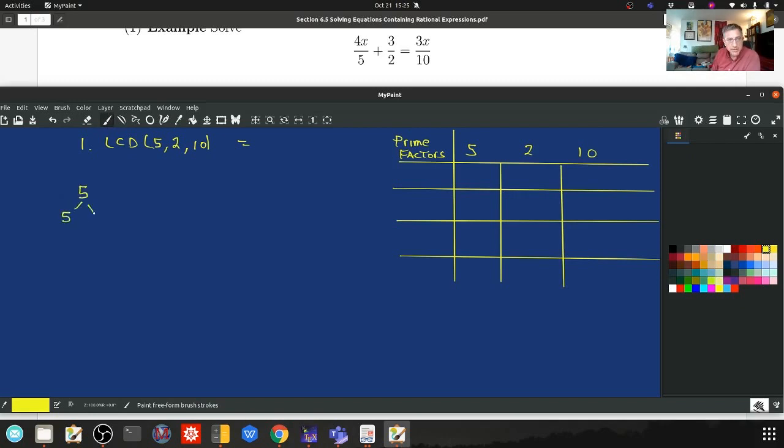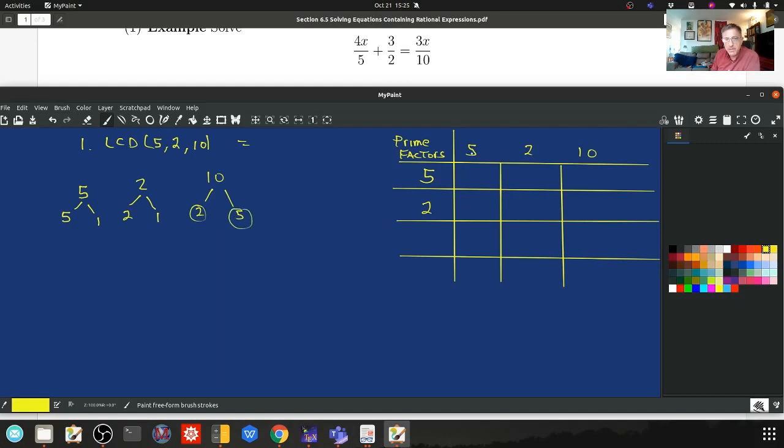It can only be divided by 1 and itself. So 5 is one prime factor. 2 is also prime. It's only divisible by 2 and itself. And 10 is 2 times 5. And those prime factors are already there.